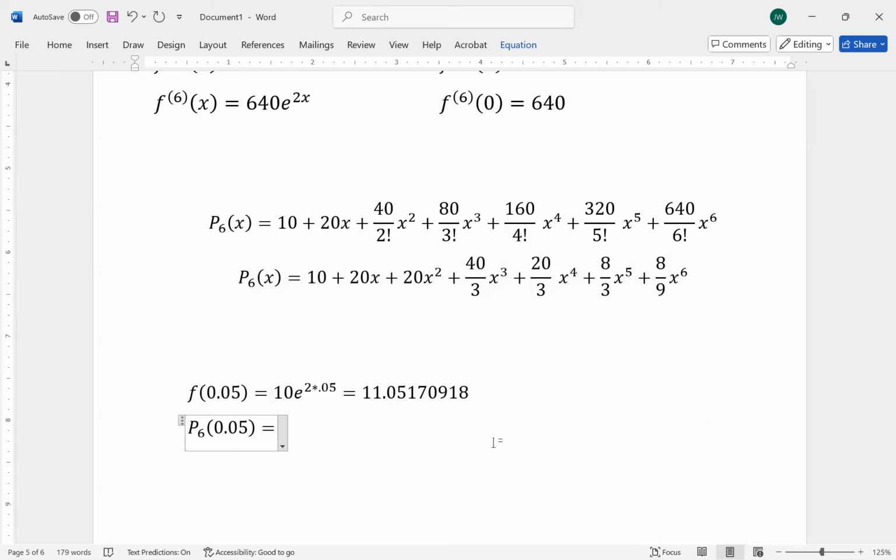I can just tack on those last two terms. And when I do that, I get 1.0517 0.70918.